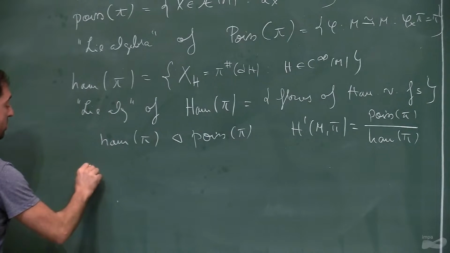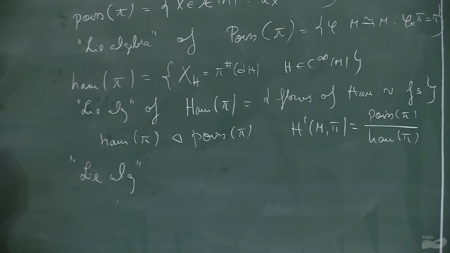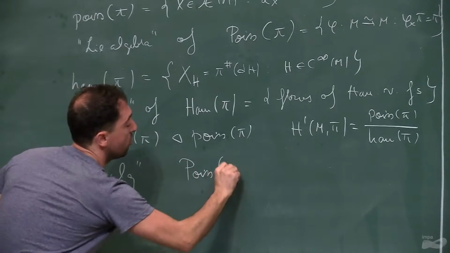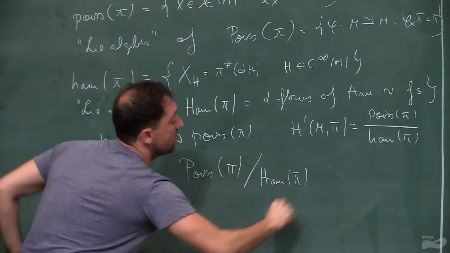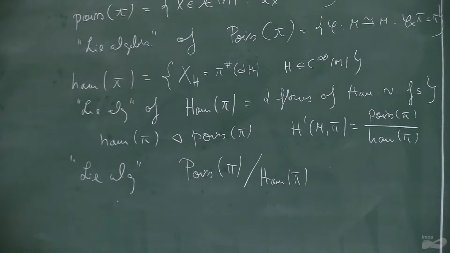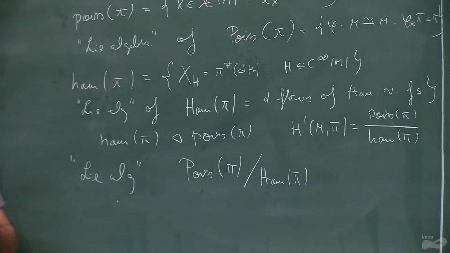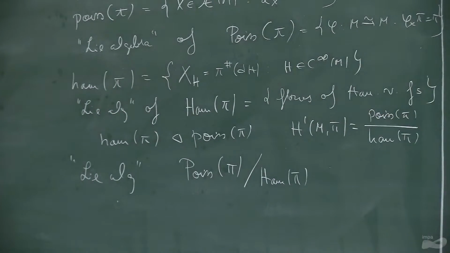So this is in a way the Lie algebra of the group Poisson of pi modulo Hamiltonian of pi. This group Hamiltonian of pi is a normal subgroup, and you can take the quotient, and it somehow plays this role, of course. To which extent this is actually a Lie group, that's very hard to understand in general.